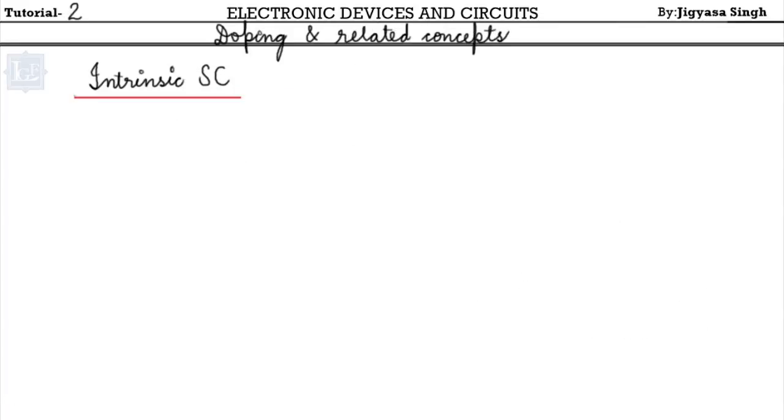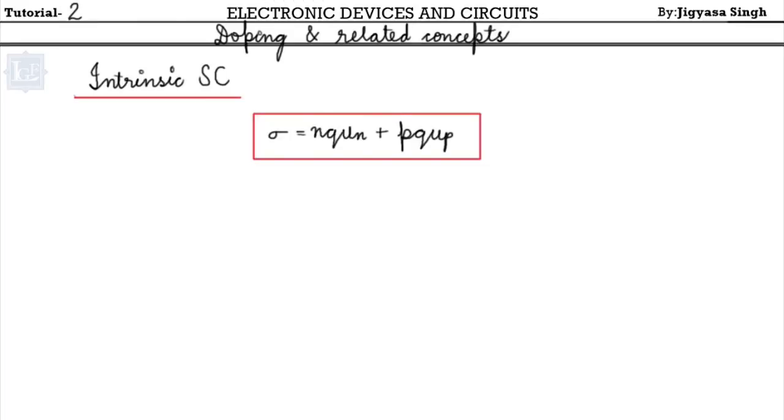For the intrinsic semiconductor, do you remember the formula we just learned? Yes, you do. For the intrinsic, N and P are equal, which I can write as Ni. This is the intrinsic carrier concentration. So can I write it like this?